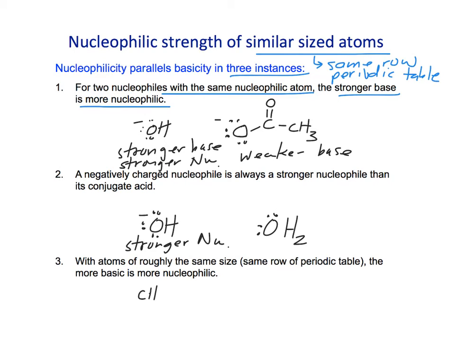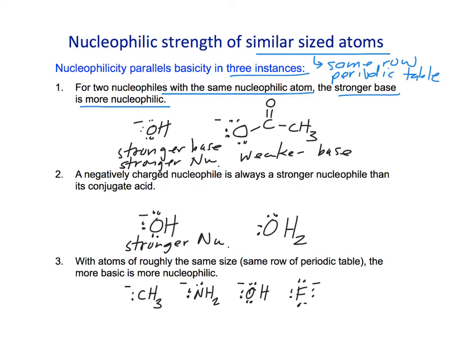So if we compare this methyl anion to the amide anion, the conjugate base of ammonia, to hydroxide, to fluoride, we're just marching our way across the second row of the periodic table, looking at the conjugate bases of the possible acids.